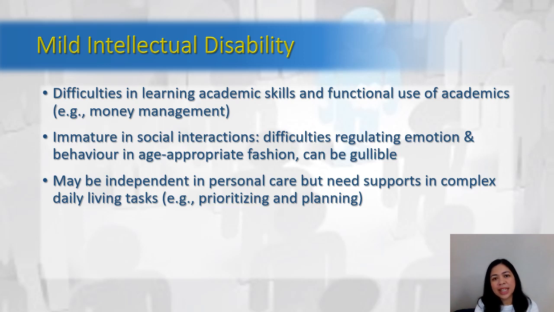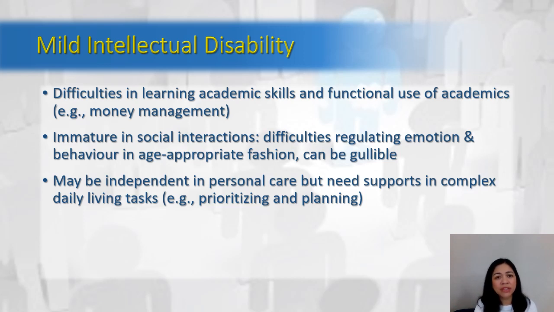Intellectual disability has different severity levels. The mild intellectual disability presents as difficulties in learning academic skills and functional use of academics, such as money management. They often have immature social interactions, difficulties in regulating emotions.